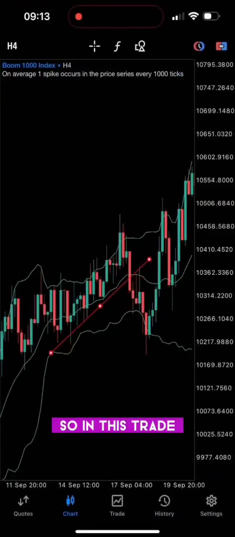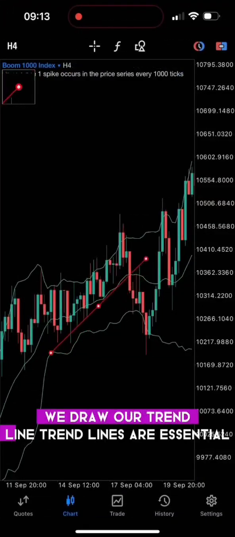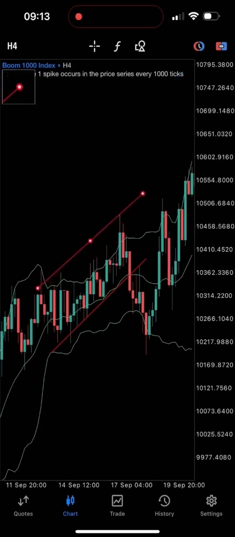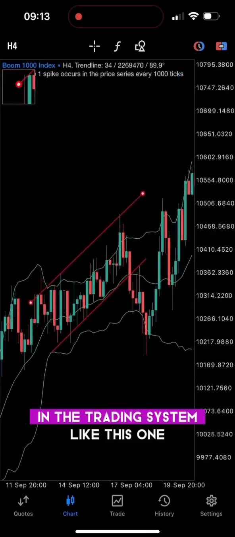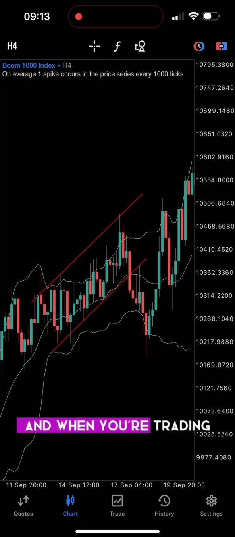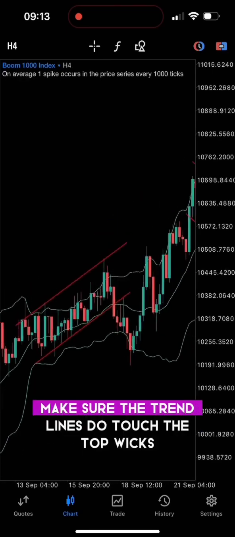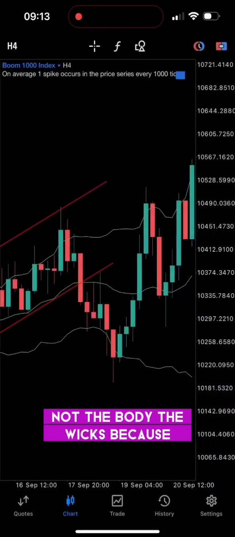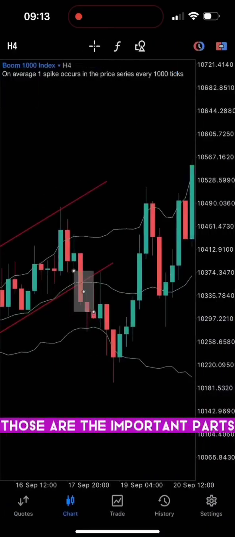So in this trade, we draw our trend line. Trend lines are very essential in a trading system like this one. And when you're trading, make sure the trend lines touch the top wicks, not the body, the wicks, because those are the important parts.